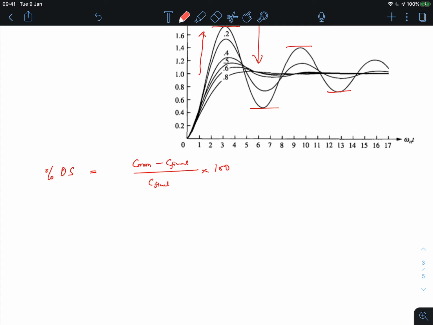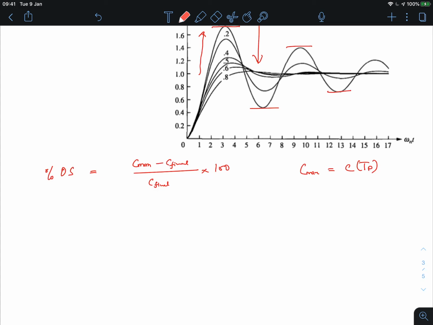So after computing the peak time, you can compute the C max by putting the value of t is equal to Tp, that is, C max is nothing but C of Tp, if you put t is equal to Tp in your generic expression.